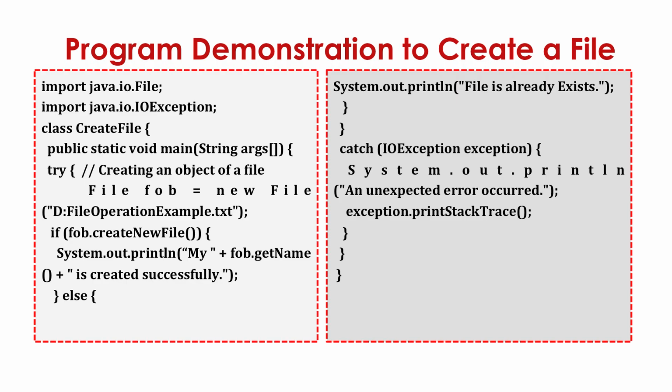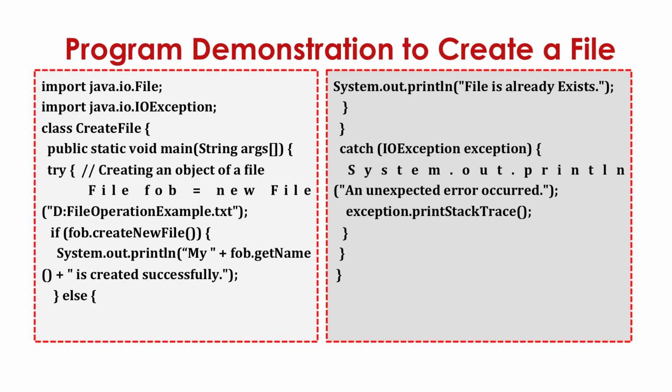After completion of this if statement, we have closed the try block, and just after the try block we have mentioned the catch block with the exception handling mechanism. IOException, its instance exception, is maintained there.